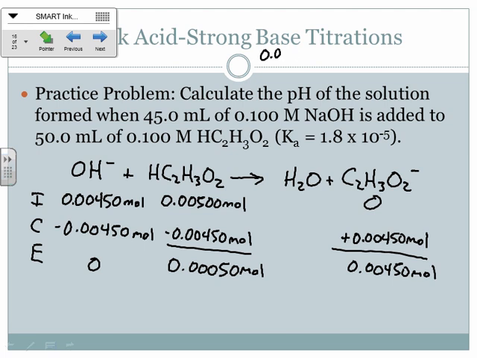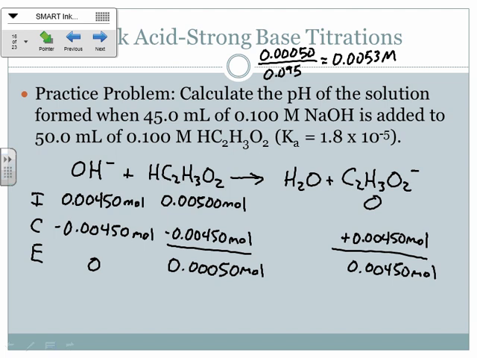So 0.005, oops, not enough zeros, divided by 0.095 is equal to 0.0053. That's our concentration of the acetic acid.